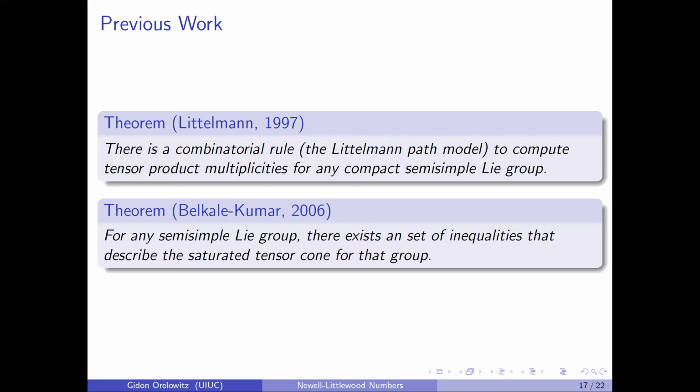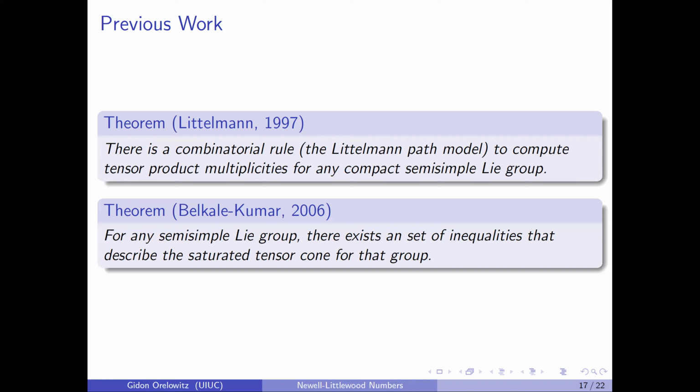But something to note is that their inequalities rely on these Belkale-Kumar coefficients, for which the Newell-Littlewood numbers are a specific case, but contain other coefficients. And their inequalities that define the Newell-Littlewood semigroup, the saturated one, involve these other coefficients.